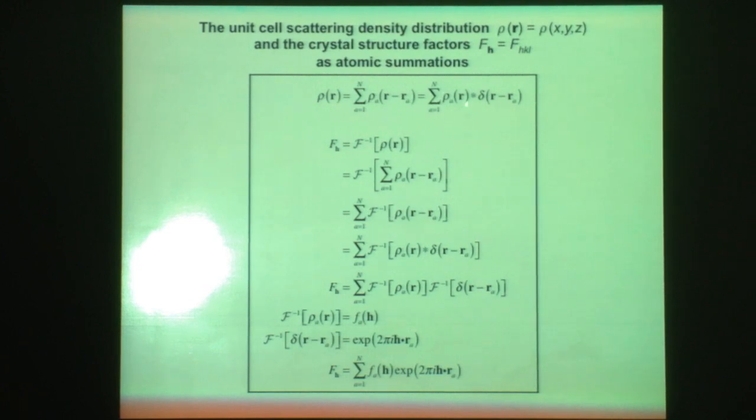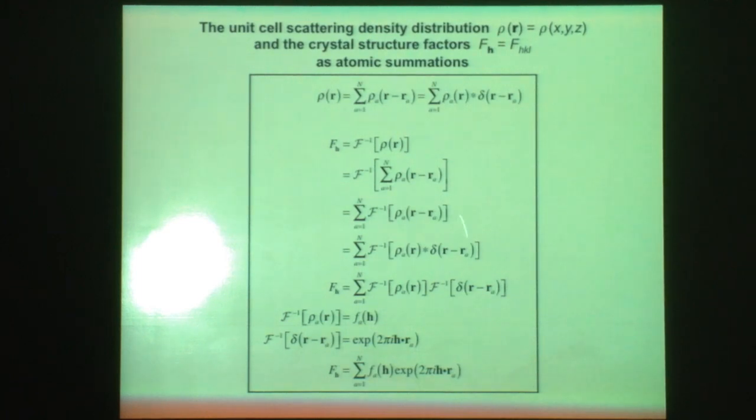And that, it turns out, is equal to the sum of products of the atomic electron density, with the nucleus as origin, and then this delta function, which positions each of those atomic densities at the appropriate place in the unit cell. So we have an atomic summation to get the density.